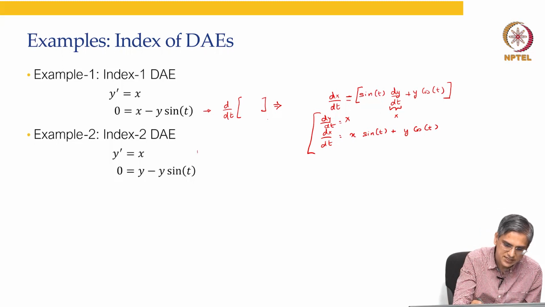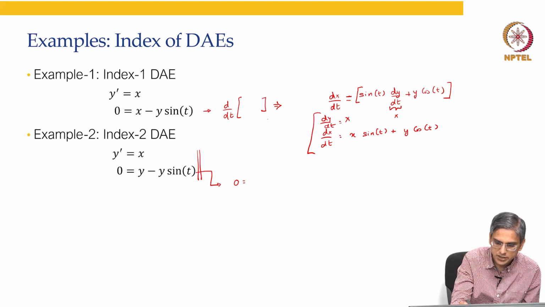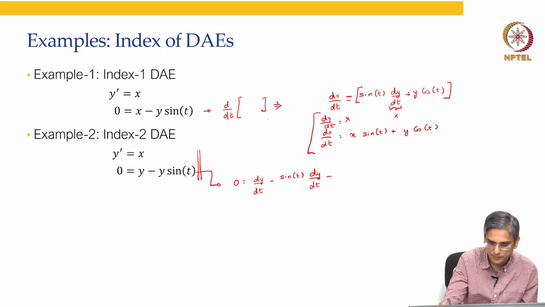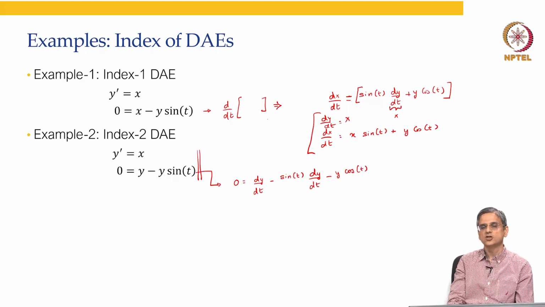Now, let us look at the second example. In the second example, let us differentiate this equation. What are we going to get? We are going to get 0 equal to dy by dt minus sin t dy by dt minus y cos t. Now, this again does not have dx by dt yet.